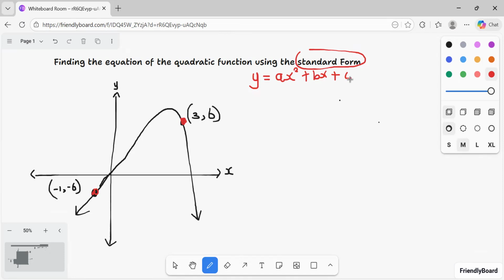All right, so our c here happens to be our y-intercept. So it happens to be our y-intercept.